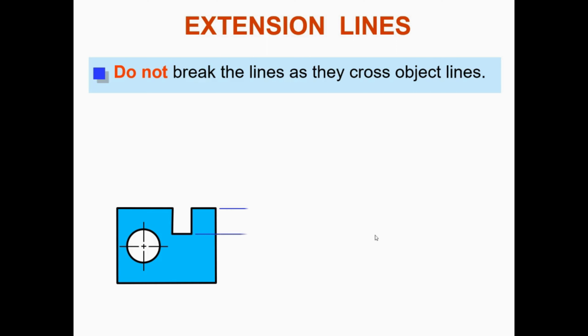Sometimes, in an attempt to beautify your drawing, students tend to have the extension line broken. They break it at a point where it crosses the object line. Once you see something like that, it is wrong. Always make sure you have it continuous.